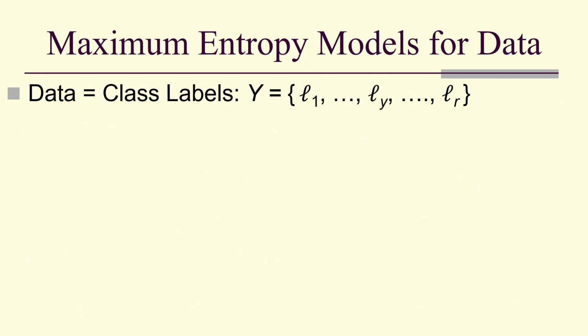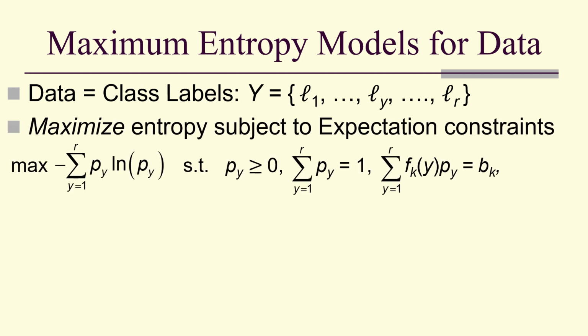So suppose we have our data as some kind of class labels, and we want to maximize entropy subject to expectation constraints of this form. So here k equals 1 corresponds to our sum of the probabilities equals 1. So that means our B1 is just 1.